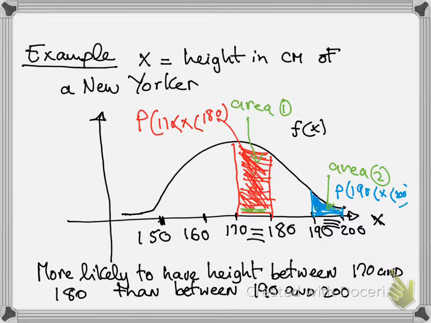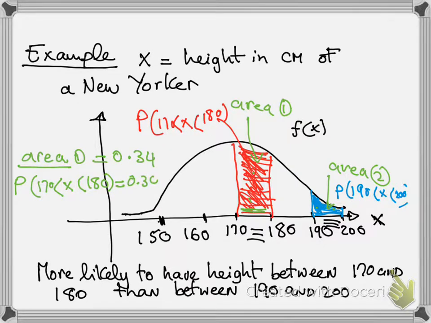Now, for example, let's say that area number 1, that's the red area, is equal to 0.34. That means that the probability that the height of a New Yorker is between 170 and 180 is equal to 0.34, which is 34%.